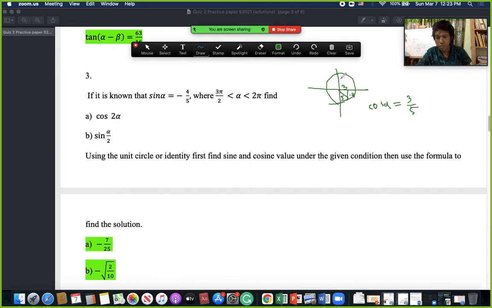Now if you open the book and look at the formula, cos 2 alpha is easy.